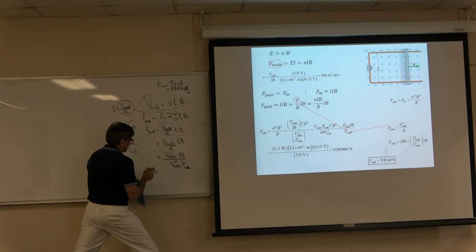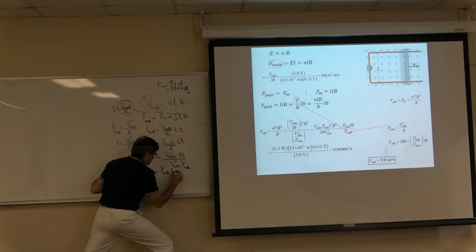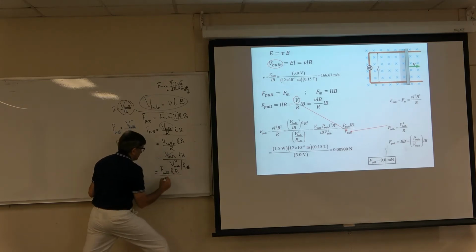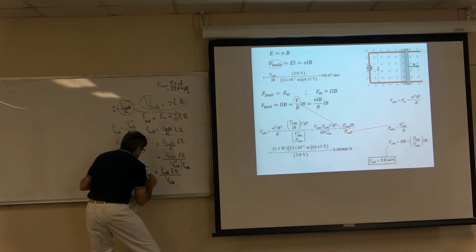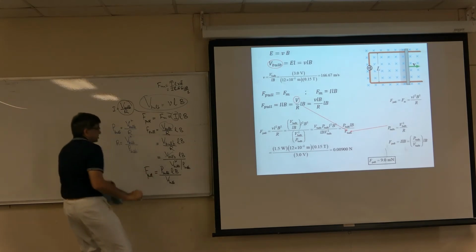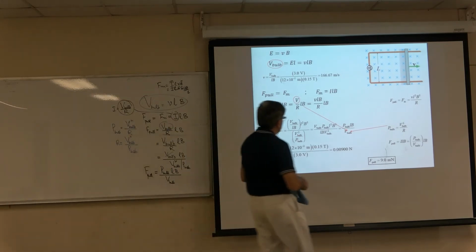So as a result, I end up with the power dissipated across the bulb times the length of the conducting wire times the external magnetic field divided by the potential difference across the bulb. Okay, so this is the pull force. All right, there you go. So that's what you want.